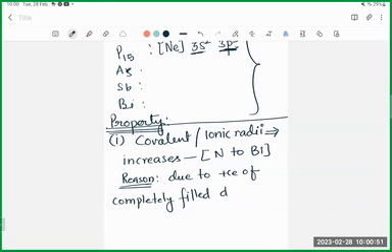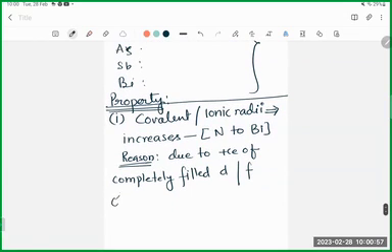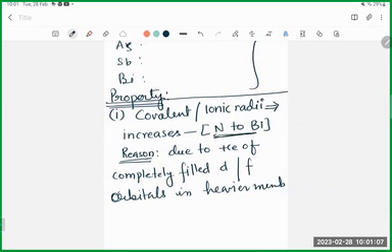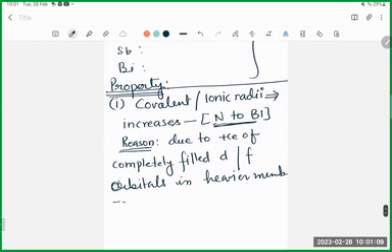Even 6 and 7 will have f orbitals included in this. So as we go down from nitrogen to bismuth, these elements will have their d and f orbitals completely filled, due to which they show the increase in ionic and covalent radii.